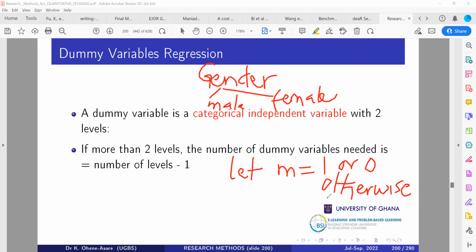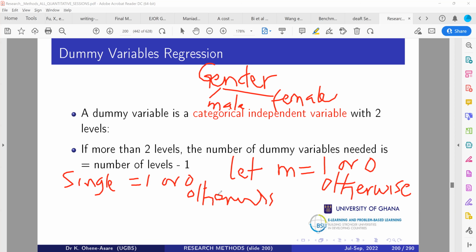Let's take another example, the one where the levels are more than 2. Let's take marital status. We have the first one to be single. Let single be equal to 1 or 0 otherwise.